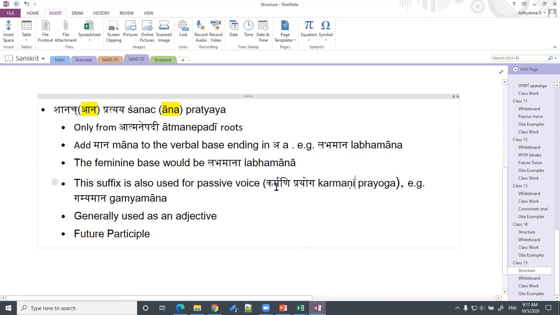There are no exceptions, no like 2-stem, 3-stem kind of thing. It is something we have used many, many times. So that is a good thing here. And second, the meaning is exactly the same as far as karmani prayoga is concerned as it was for the at pratyaya. So to understand shanach pratyaya after the shatru pratyaya, it's extremely easy.